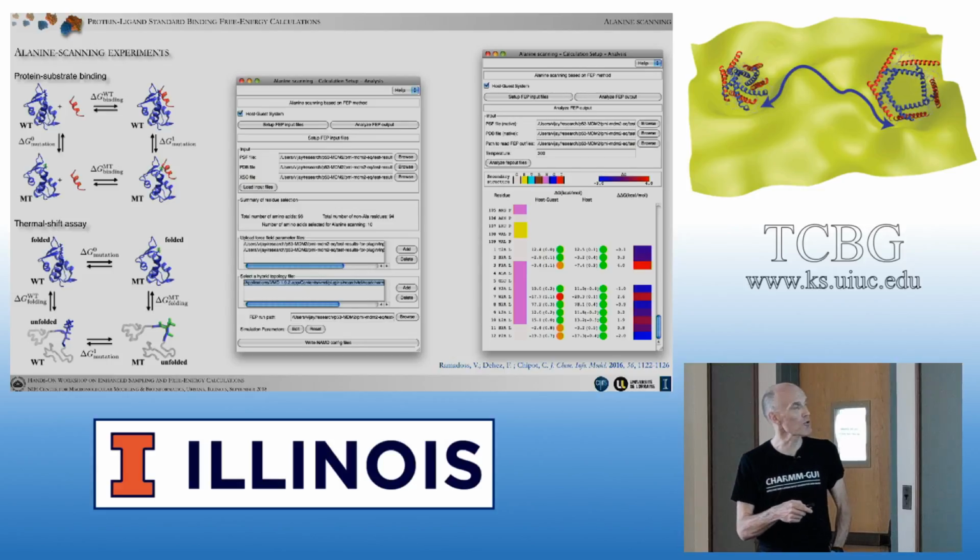The way you usually do it is you take your protein-ligand or protein-protein complex, and specifically you look at the binding interface. At the hotspots, what are the amino acids that contribute to the binding, and you replace them by alanine.